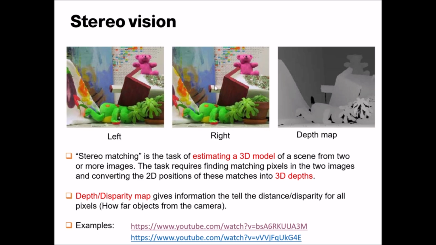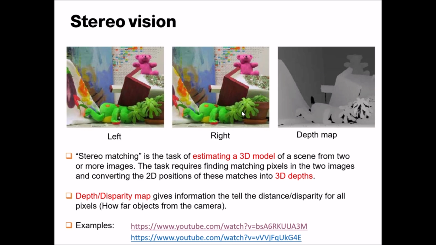For example, here we have this difference, and in the left image you can see we have some difference. So the result should be like this. This is the depth image, or we call it the depth map. So what is the depth map? It represents the objects of the scene in a gray color, for example.